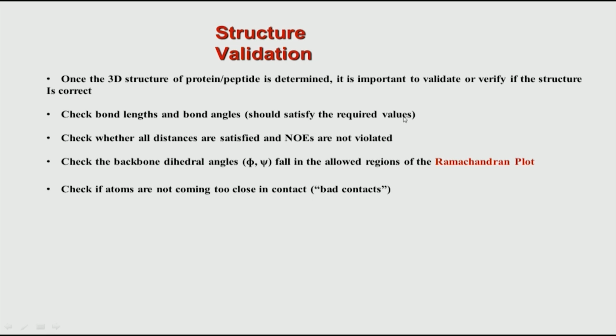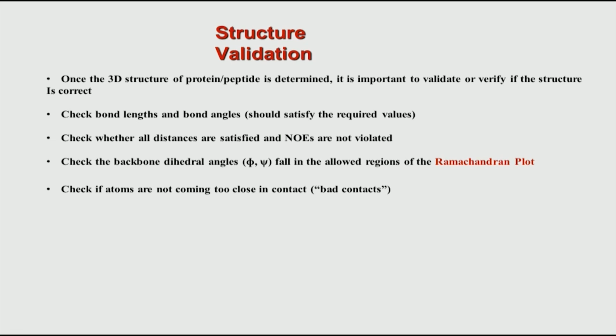The required values are given in literature or in the database. All the bond angles and bond lengths in our peptide, for which we have solved the structure, should satisfy those values. They cannot be arbitrarily different from the bond lengths and bond angles known in the literature, because in the database these are typically derived from high resolution X-ray crystal structures for a large number of proteins.